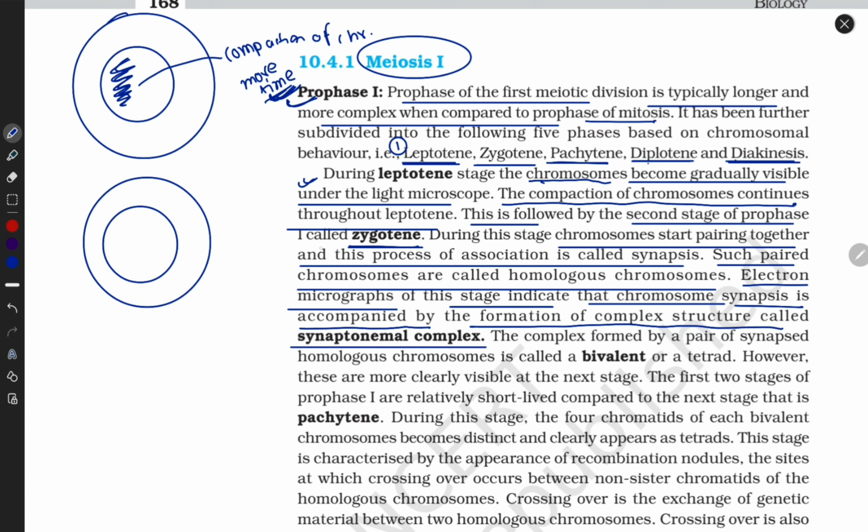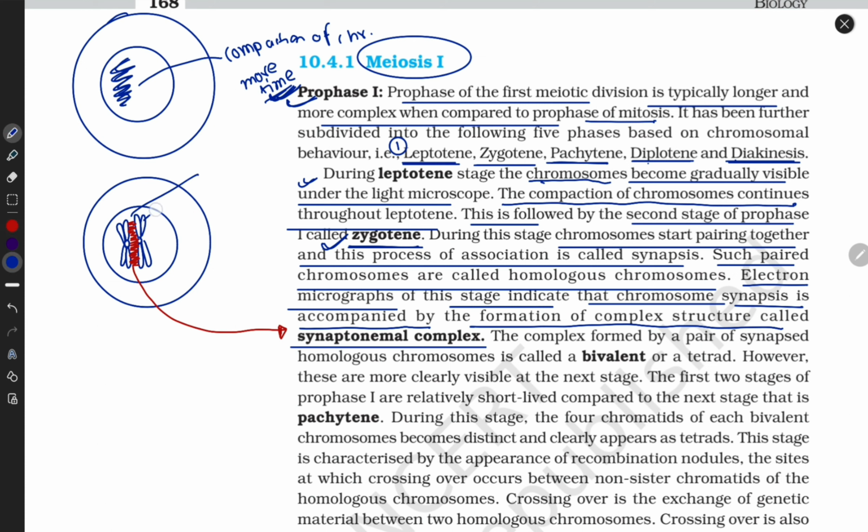Now listen to me, guys. Here the homologous chromosomes come closer with the help of the synaptonemal complex. This is the synaptonemal complex.